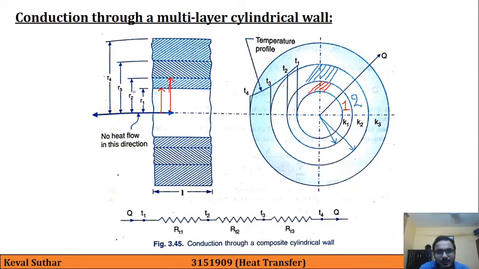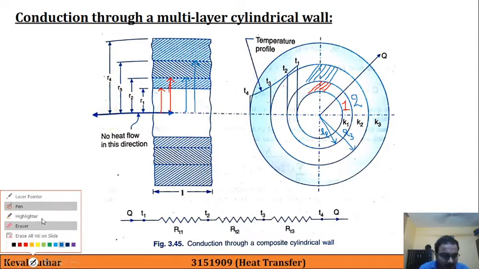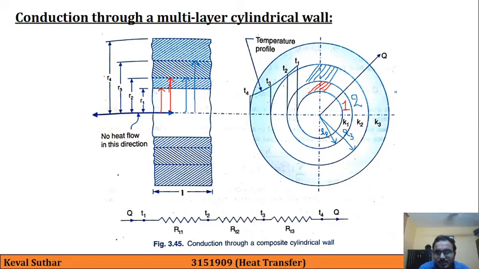And if you see the left hand side figure, then the inner radius for this will be R2 and outer radius will be R3. So here this is R2 and this is R3. Okay, and then there is the third and last layer, which is this one, third number, which is shown with this area.